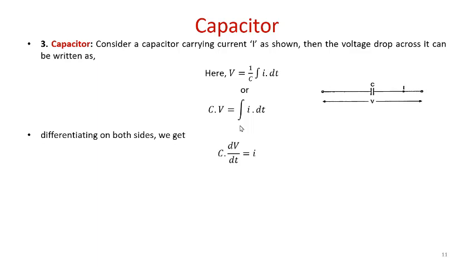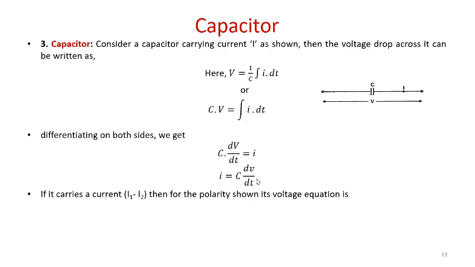So the current flowing through this is directly proportional to the derivative of voltage. To remove the proportionality, we bring a constant, the capacitive constant or the capacitor C. Hence it is written as I is equal to C into dV by dt.